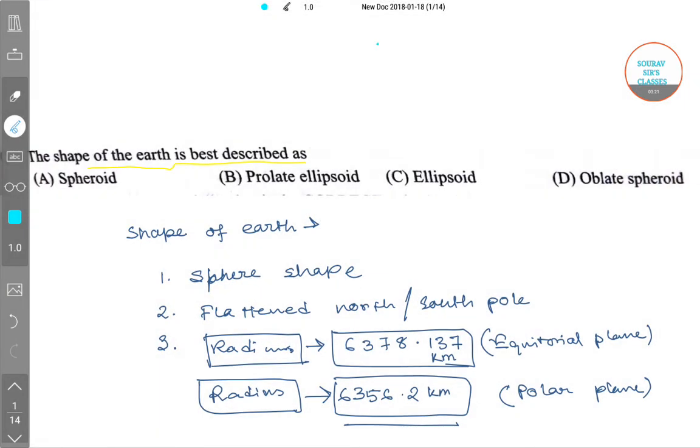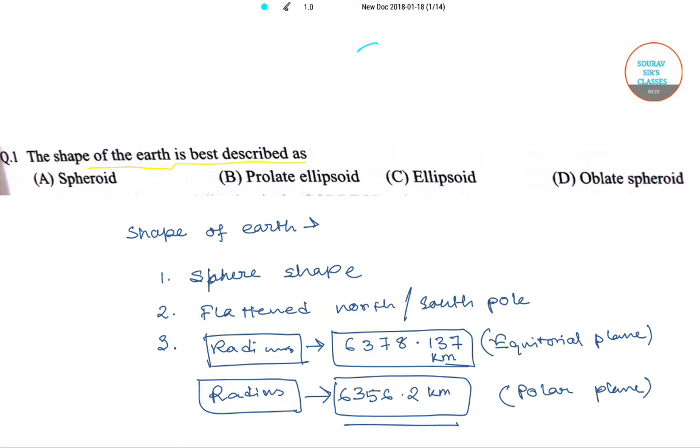So it is a sphere, but I have just told you that it is flattened at the north and the south pole. I'm just doing it roughly. Let me draw it again. So these are like poles.